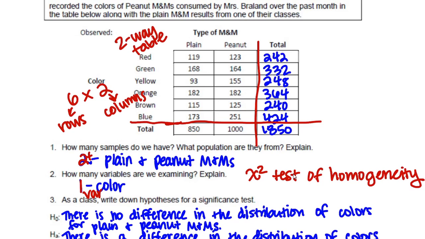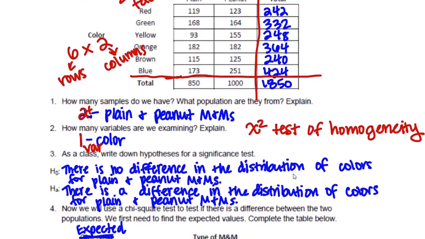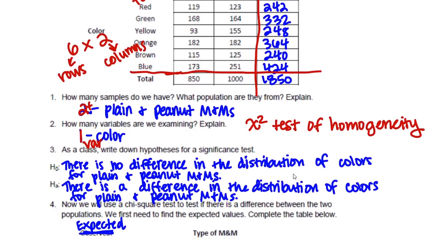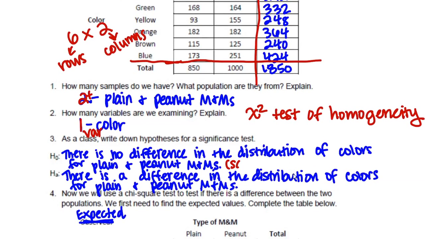And that word means we're testing whether the distribution of one variable is the same or different in multiple groups. So in this case, we have 2 groups, 1 variable of color, and our null is no difference. And our alternative is there is a difference.